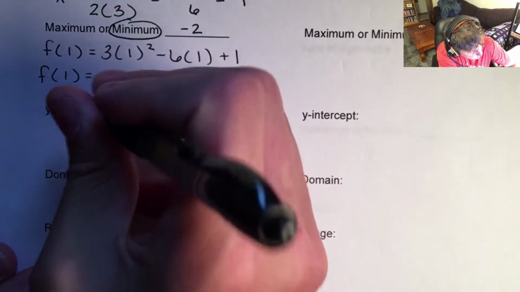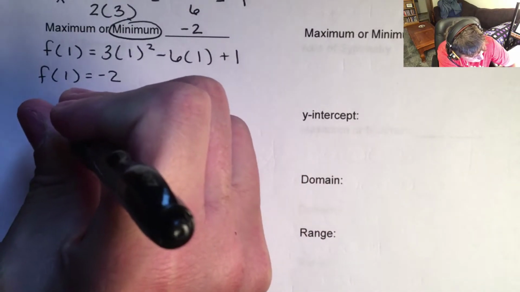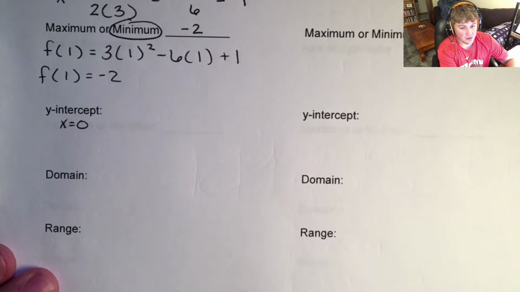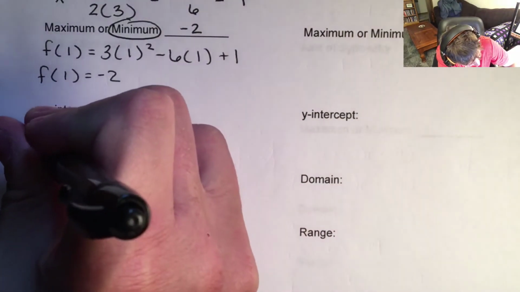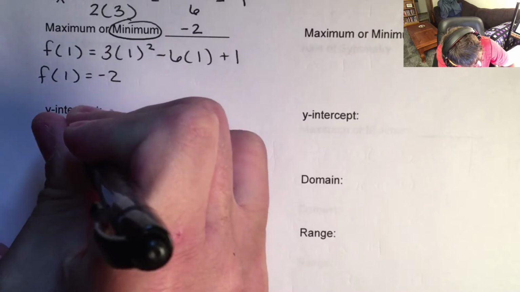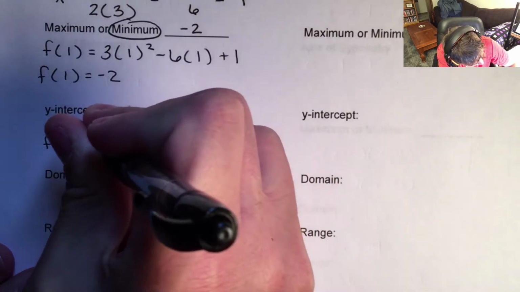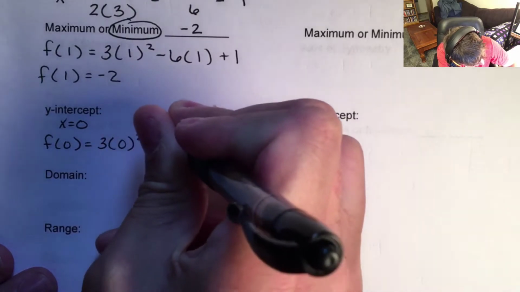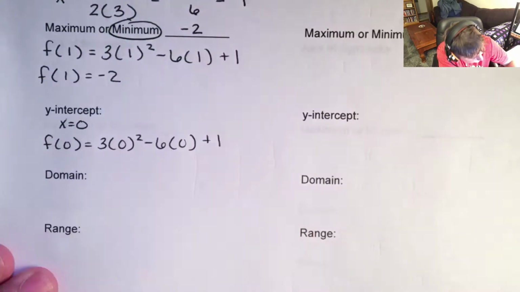Okay, the y-intercept is when x is equal to 0, just like we did when we were graphing standard form of straight lines. When you find the x-intercept, y is 0. When you find the y-intercept, x is 0. So I can find f of 0. That means I'm going to take 3 times 0 squared minus 6 times 0, and then plus 1.